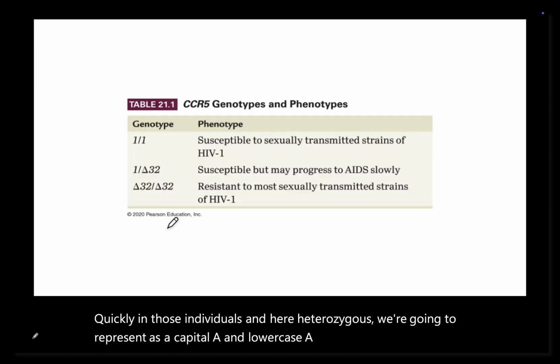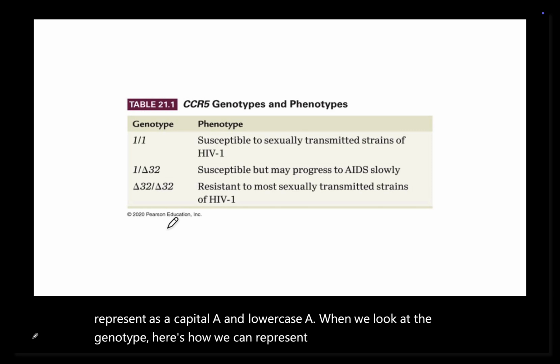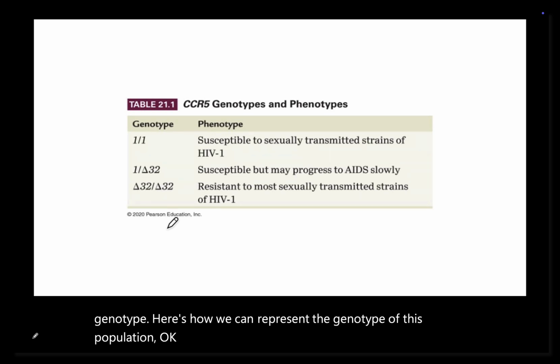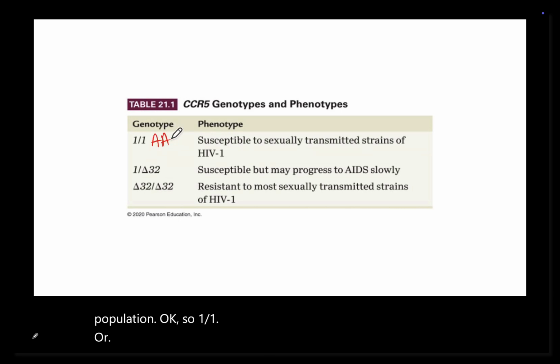When we look at the genotype, here's how we can represent the genotype of this population. Okay? So, 1/1 or homozygous dominant individuals, they are susceptible to the HIV.